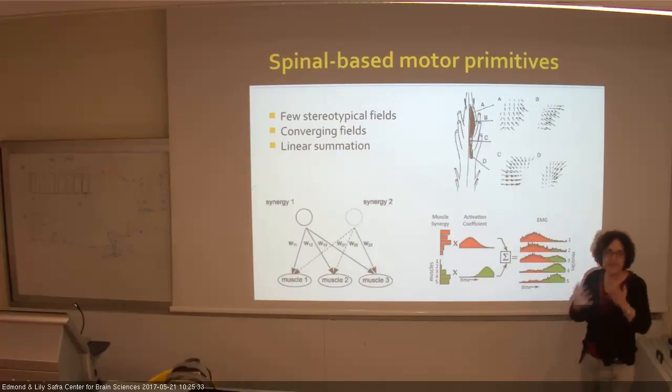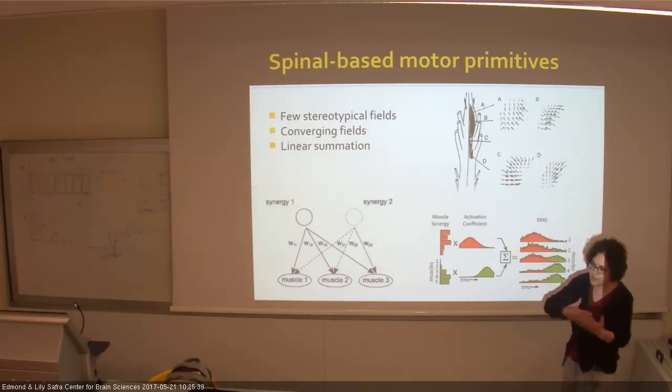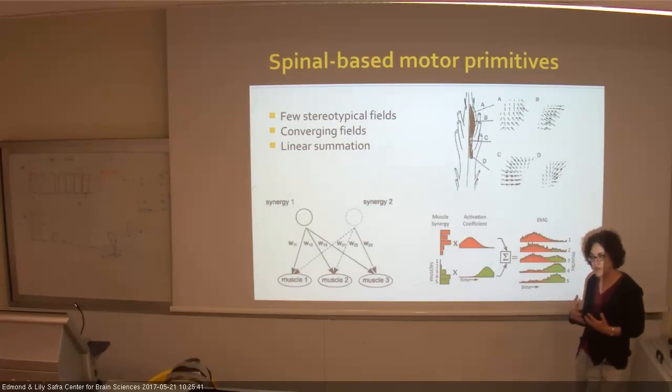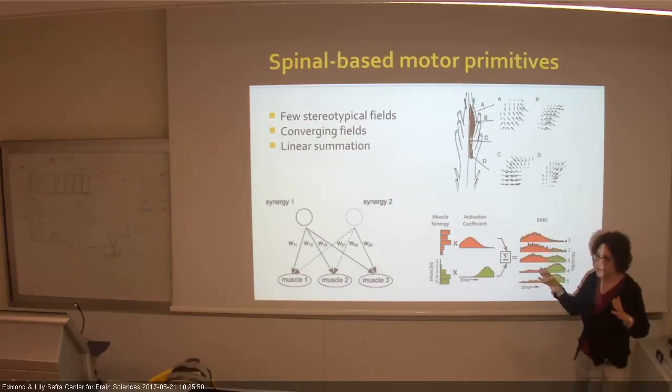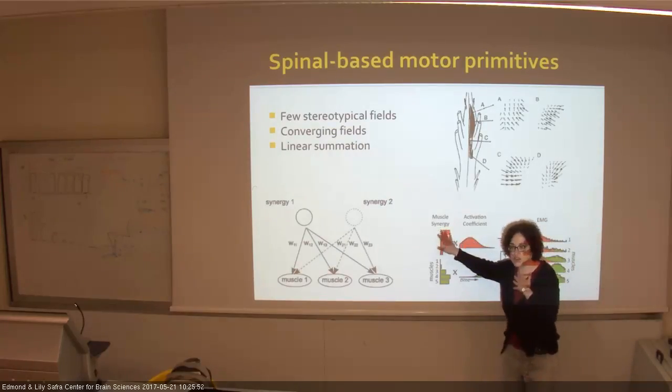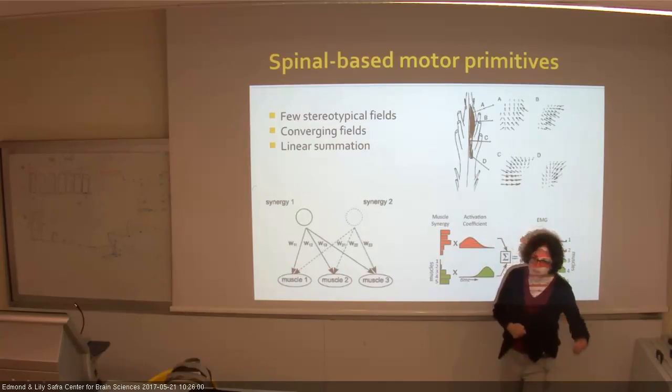The motor cortex doesn't really need to know anything about the complexity of the different muscles, the interactions between different joints, and so on and so forth. There is an intermediate layer that translates a relatively abstract command. And without us knowing what the synergies are, we will not be able to decipher the command in terms of low-level properties.